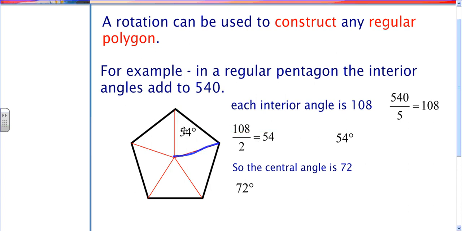So I got my little 54s right here. That means this angle is 54 degrees, and that means that this angle over here is 54 degrees. If I know both of these angles are 54 degrees, 54 and 54, of course, is 108, and 180 minus 108 is 72. What I'm doing is looking at this triangle right here.